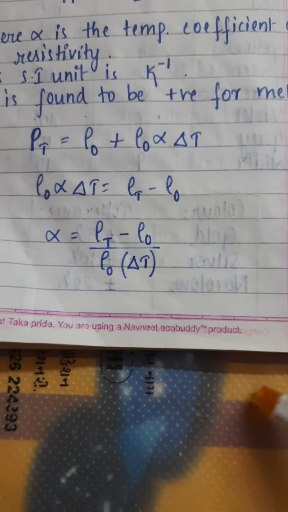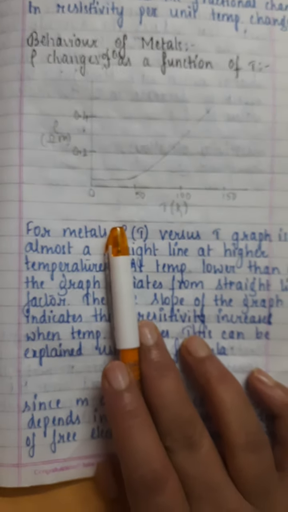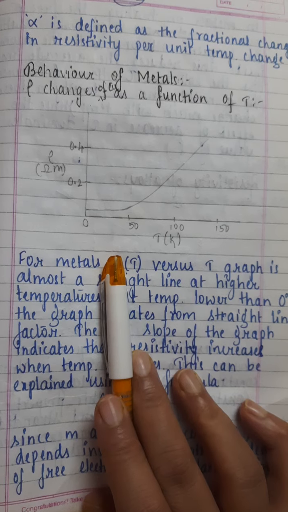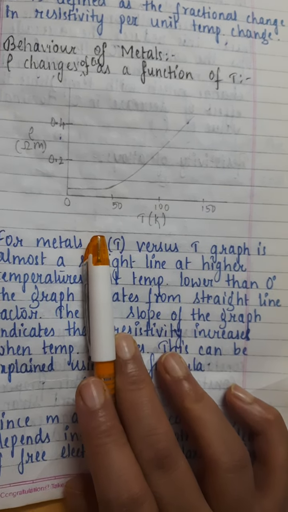Then rho depends upon the behavior of the material. If it is a metal or conductor, its value varies one way, and if it is a semiconductor, its value varies differently.